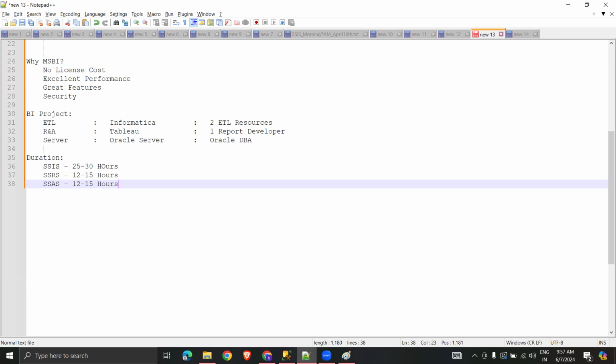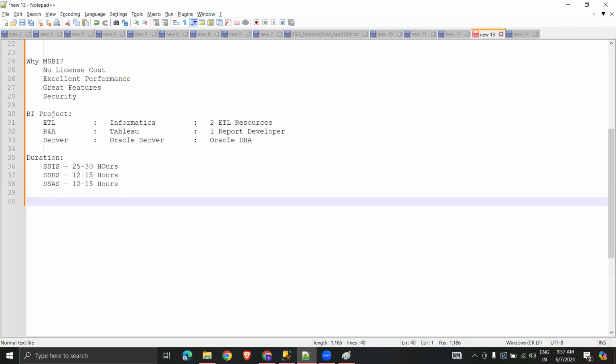If you have these kinds of constraints, we have 3 batches running currently, including 7 to 8. Currently, we are about to finish SSIS and about to start SSRS in a week.